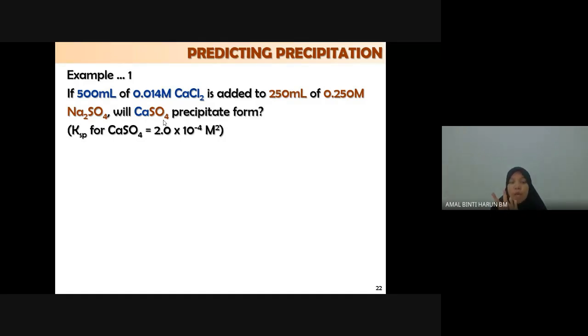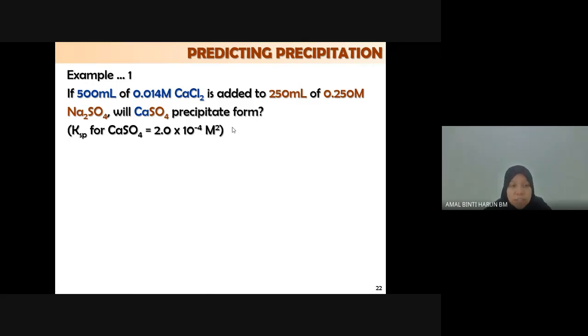So dia bukanlah garam yang kita nak. Okay. So yang kedua adalah kita nak kalsium sulfate. So kalsium sulfate ni lah yang slightly soluble yang akan menghasilkan precipitate. Okay. Kalau kita tak tahu yang mana larut dengan yang tak larut, tak ada masalah.